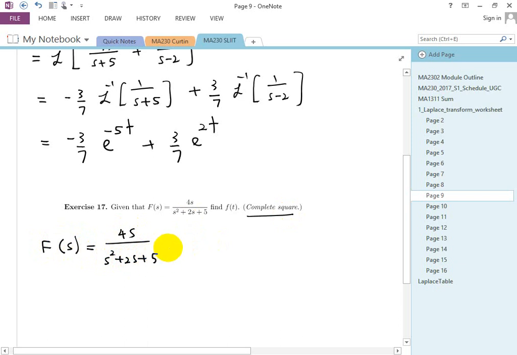If you look at the table, you will not find this function straight away, so you need to do some manipulation. If you try factoring and partial fractions, you will see it won't work. So completing the square is another way to do it.